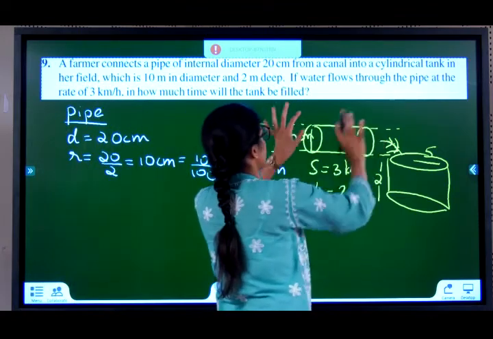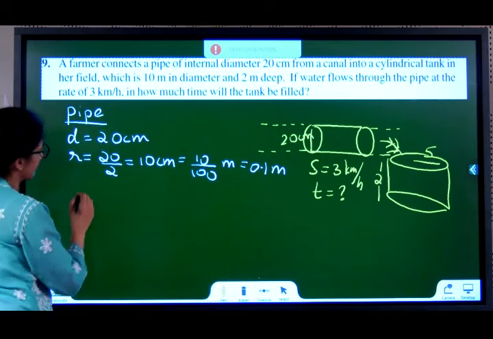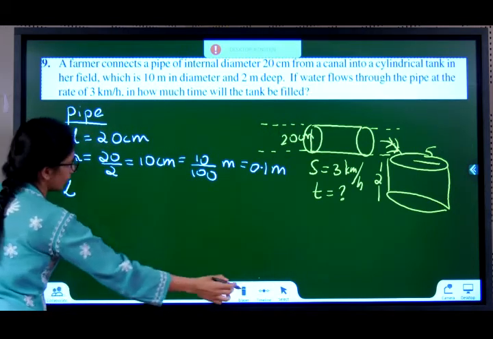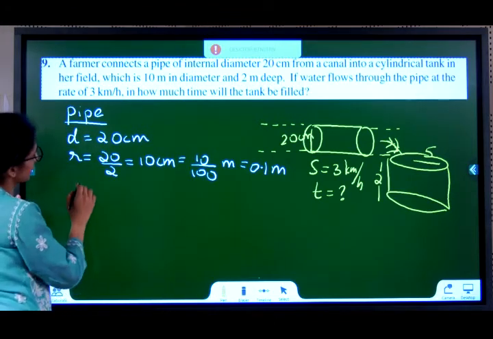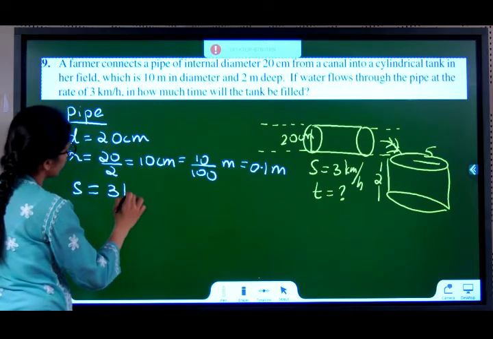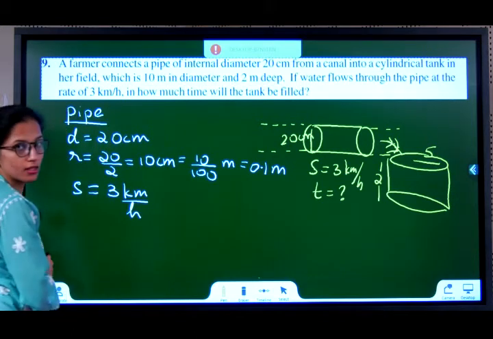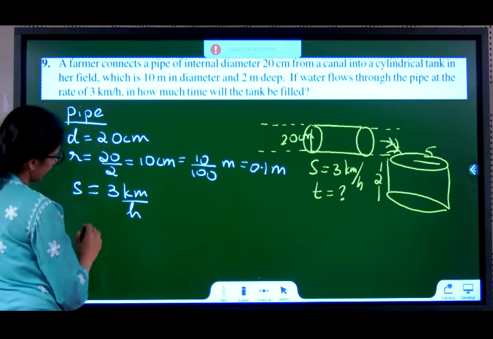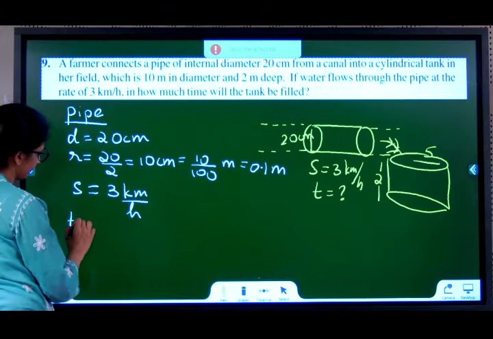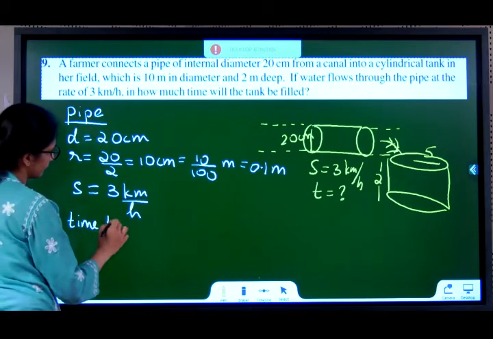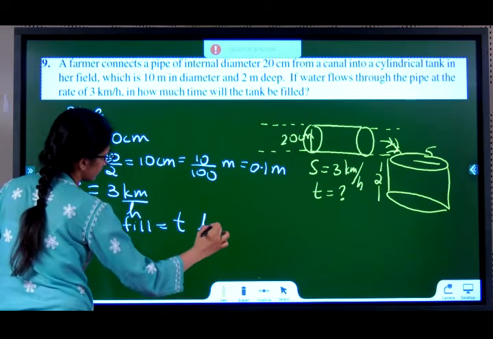This length of the pipe is nothing but height. I don't have it, but I know speed and let's say the time is t. So rate of flow or speed of water is given as 3 kilometer per hour. Let us take the time to fill the tank be t hours.